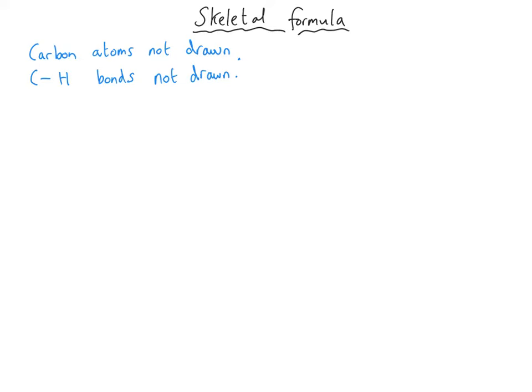And so what you get, if you have one of these displayed formulae here, and this is propane, the skeletal formula for this, you just do a zigzag line like that. Now this looks really funny, but what this is, is a line that represents the carbon atom. So that carbon atom is this carbon atom here.